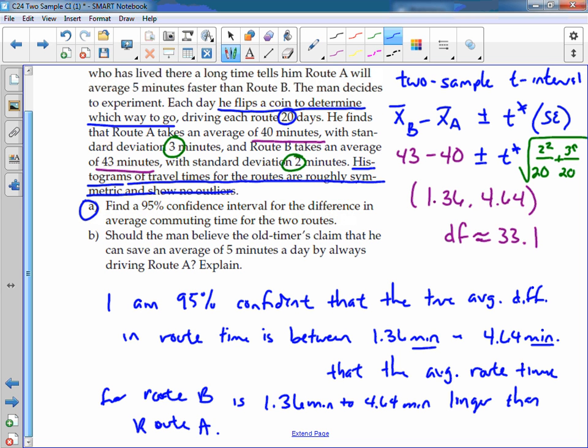Now, I said longer than, right? Well, if route B minus route A is a positive number, that means that B had to be a longer time. Okay, so make sure you're thinking about time.